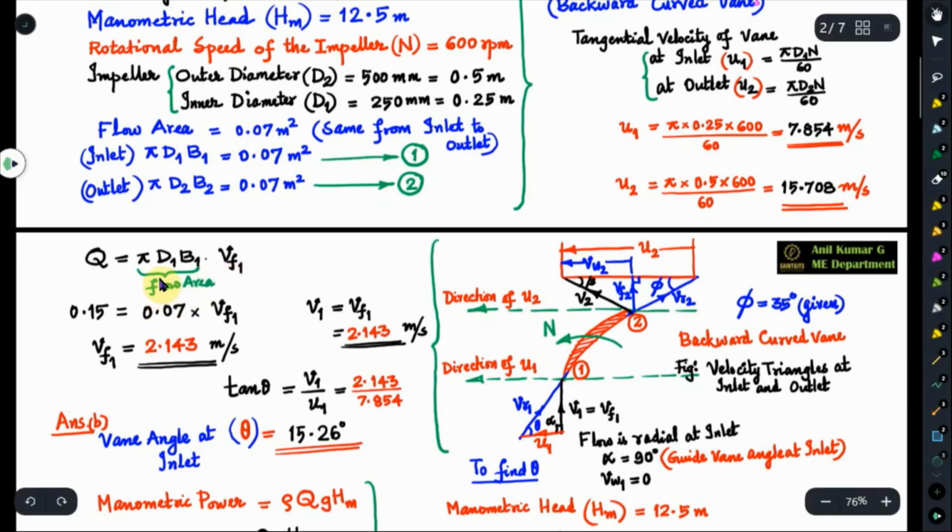So pi D1 B1 Vf1 is equal to Q, and pi D1 B1 can be replaced by 0.07 into Vf1 is equal to discharge is 0.15 meter cube per second. So we will get Vf1 equals 0.15 divided by 0.07. So we will get velocity of flow at inlet is 2.143 meter per second.